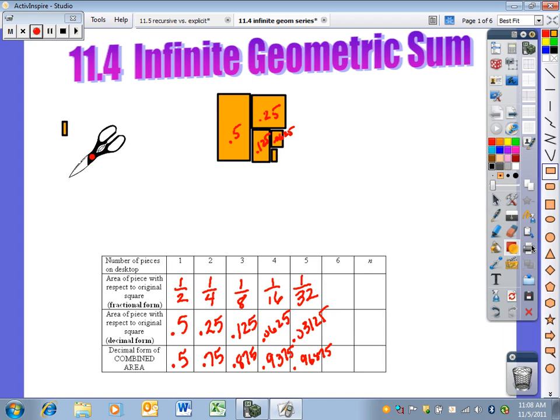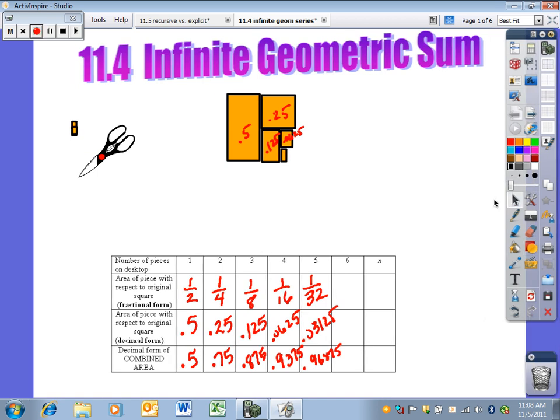And then I'm going to make one last cut in half. And take that half and add it to my desktop.